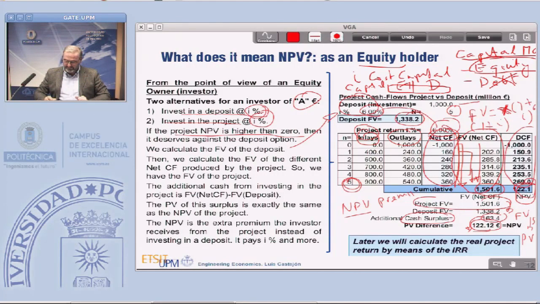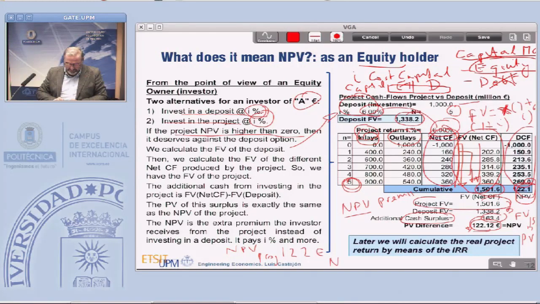And this number is 122. So as you see, the NPV of the project is 122 euros.